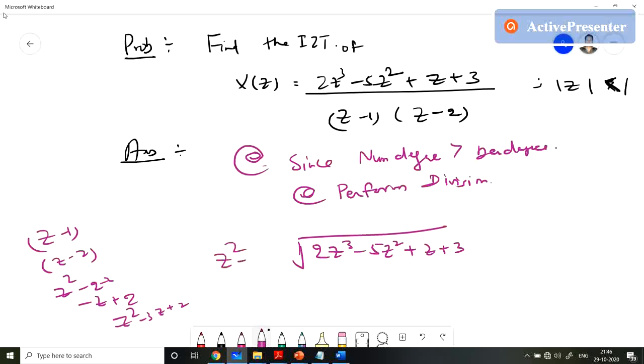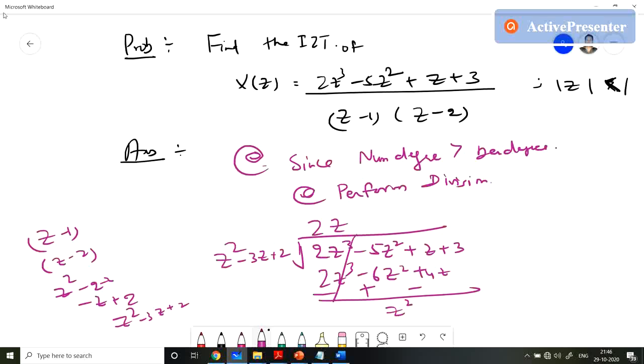First we multiply with 2z, and we get 2z cube minus 6z square plus 4z. Subtracting, we get z square minus 3z plus 3.